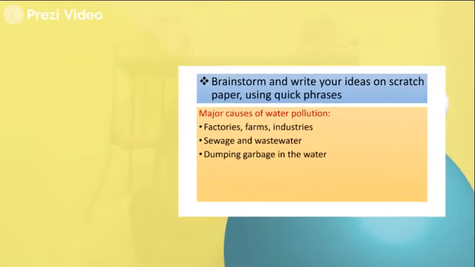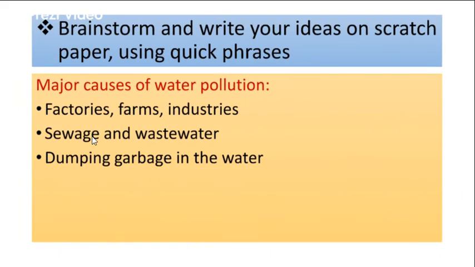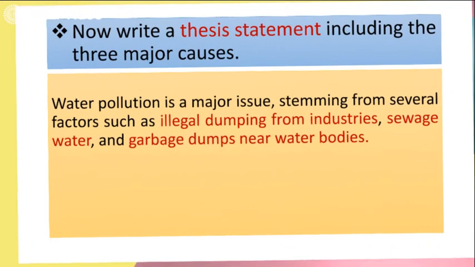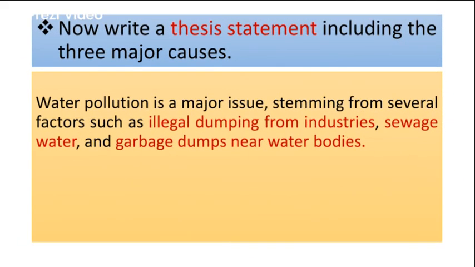Again, we're going through them slide by slide. This is how I brainstorm on a scratch piece of paper. You notice? Quick phrases, major causes of water pollution, this and this. These are the components of my thesis and also the components of each body paragraph in my essay. Now I can write my thesis statement.